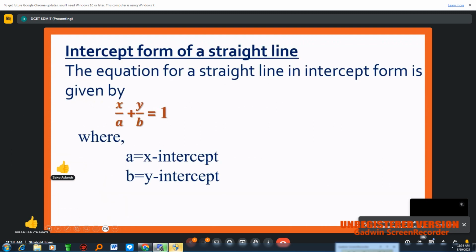So next we have the intercept form of a straight line. It is given by the formula x by a plus y by b is equal to 1.